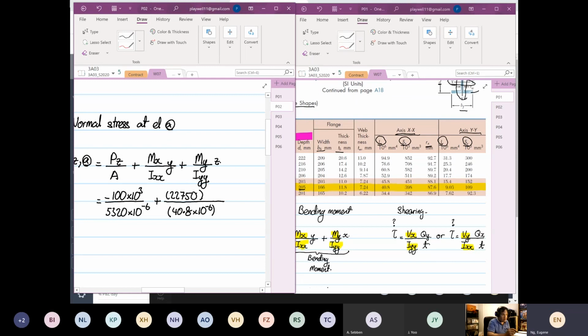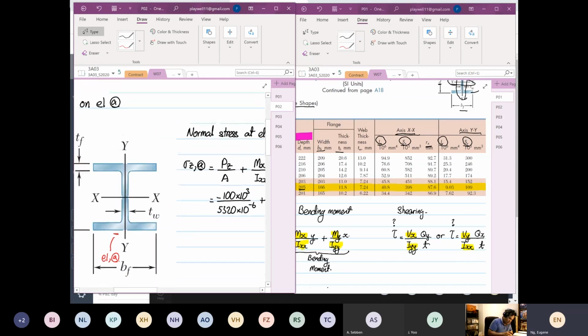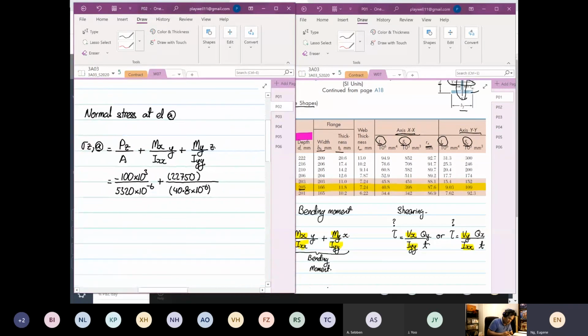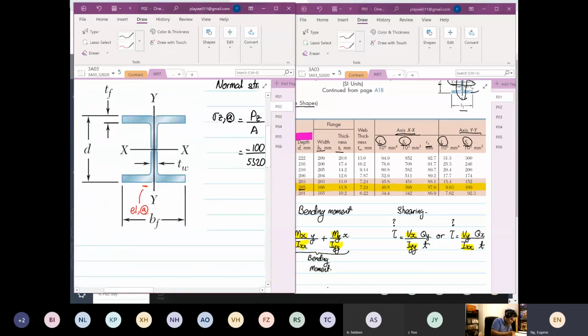Now, a lot of times, the same issue that we all face is what is our y distance, right? So we have to multiply by y. This is our y distance, because this is our y-axis.